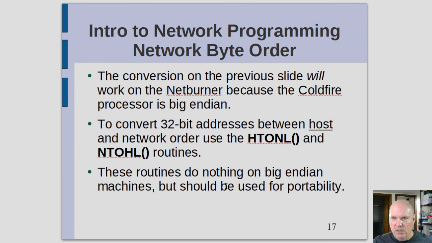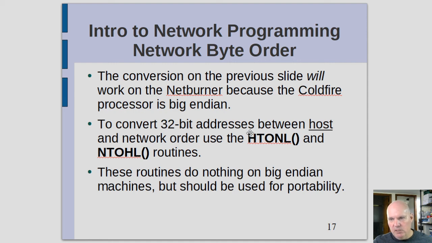So fortunately, there's a solution to this problem that's architecture neutral. You use host to network long and network to host long. So for any binary IP address, you can convert that to network order using the host to network long macro, and it will do the correct conversion regardless of whether you're on a big endian or a little endian processor.